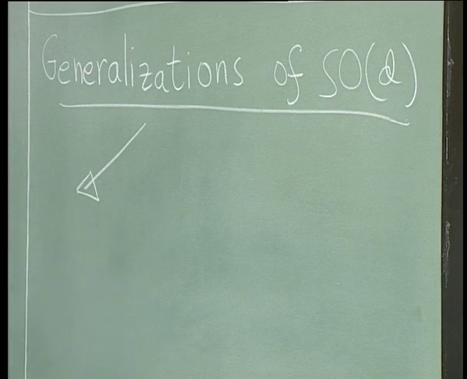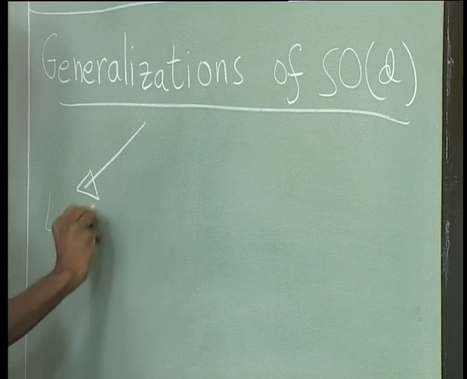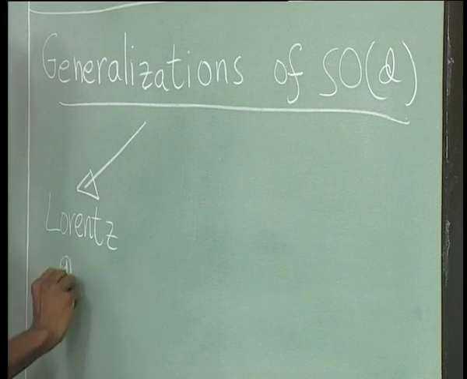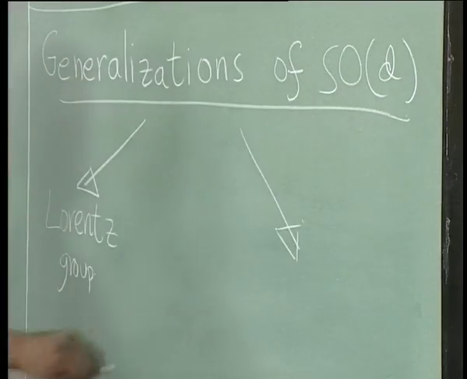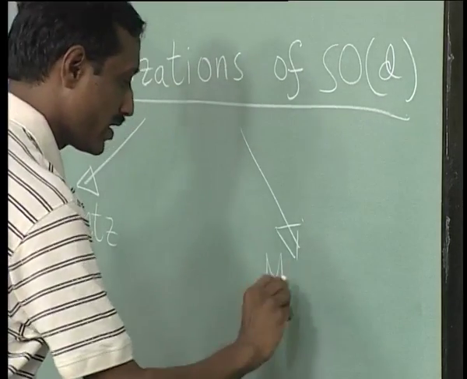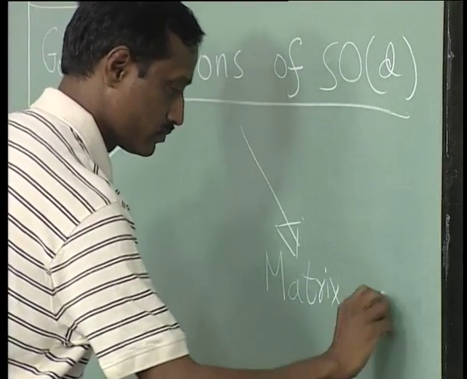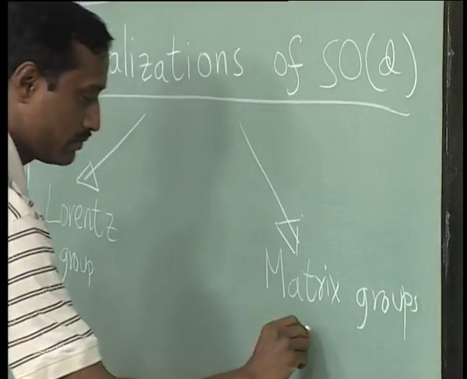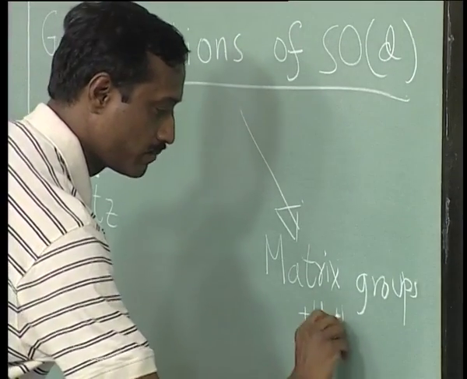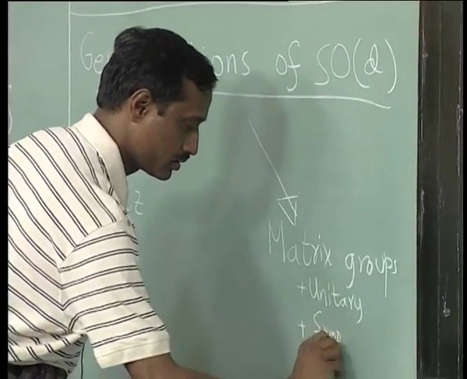The first one will lead us to what we will call the analog of the Lorentz group. That is what we will do next, but the other generalization will lead you to what I will call just matrix groups. In particular, what I have in mind is what I call the unitary and symplectic.